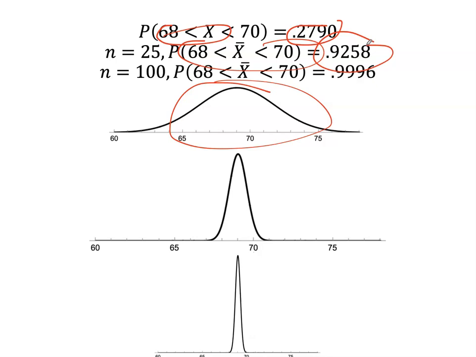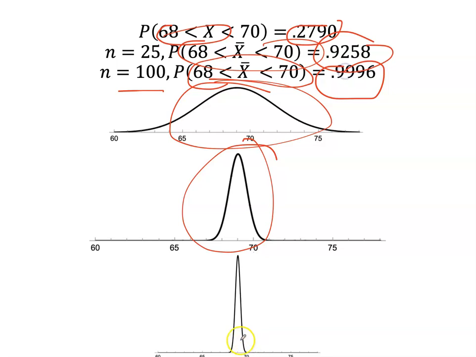In other words, there's a 93% chance that the sample mean will be between 68 and 70 because the distribution of sample means is much tighter. It's much narrower than the distribution of heights. And if you have a sample of size 100, the probability that the sample mean will be between 68 and 70 is 0.9996 because it has a much, much smaller standard deviation.